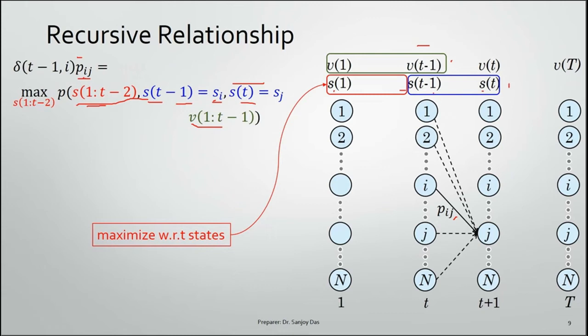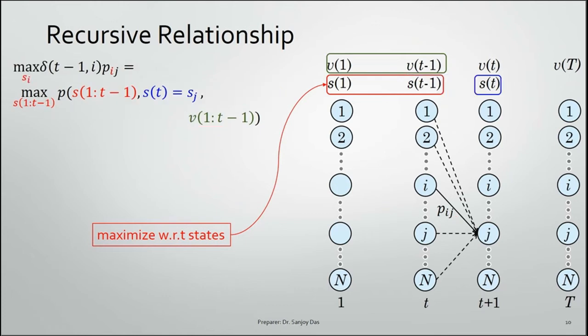St-2. Now what if I add the max operation here for time t-1? So now what I had in the past, delta t-1(i) Pij, now I will do the maximum operation at this t-1 time state, where I was in Si.